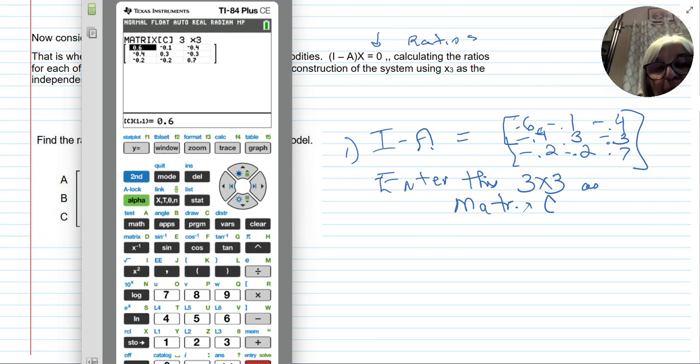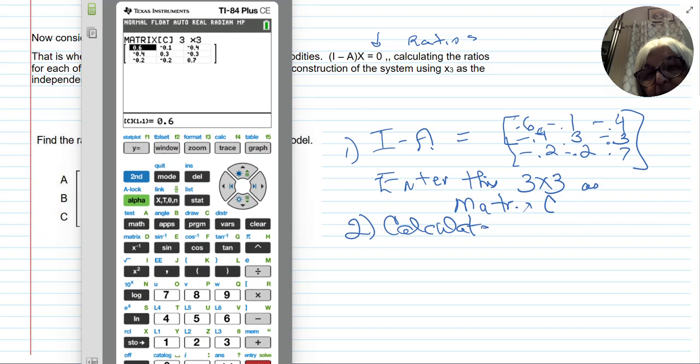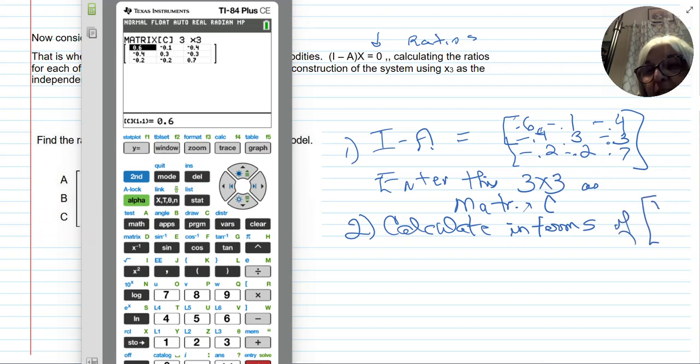All right, so now we want to calculate in terms of x of 1, x of 2, x of 3, which is our capital X. All right, so I'm going to clear this. Oh, second quit.